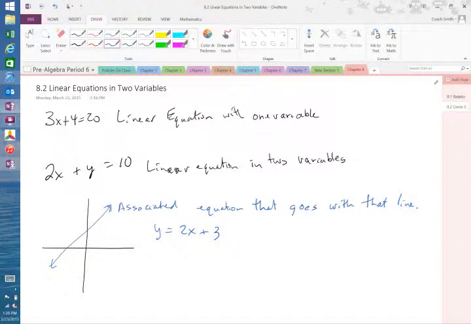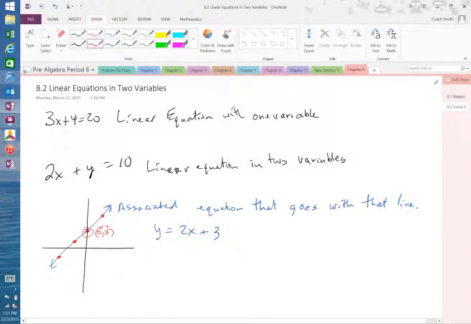The reason it has to have two variables is because of this. Every point that we put on that line has two coordinates. It has an x value and a y value. For example, right here, that's probably (0, 3). It has an x coordinate, 0, and a y coordinate, 3.